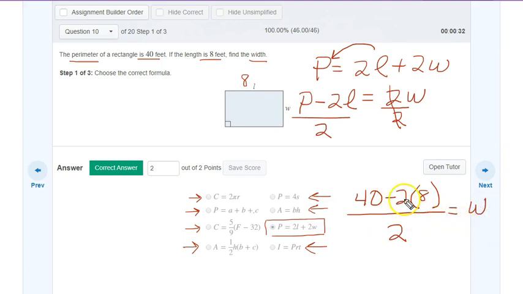So, negative 2 times 8 is 16. 16 from 40 is 24. Divided by 2, our width will be 12.